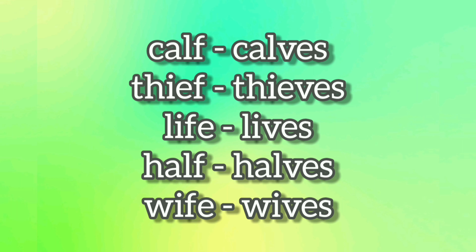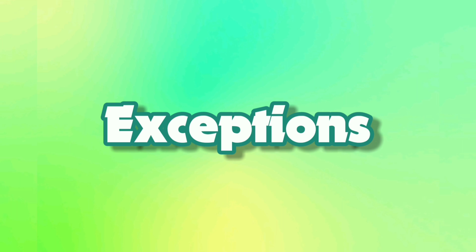Look at the list given in the book. Calf, calves, thief, thieves, life, lives, half, halves, wife, wives. But you know, children, there are exceptions to every rule.